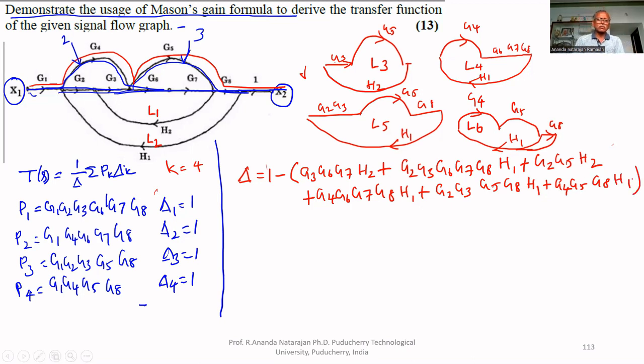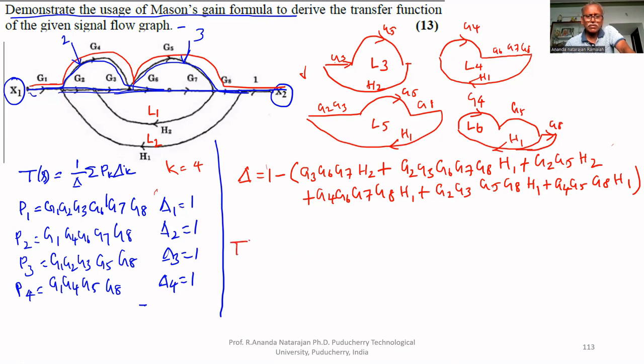Any non-touching loops? All are touching each other. Therefore, no two non-touching loops.